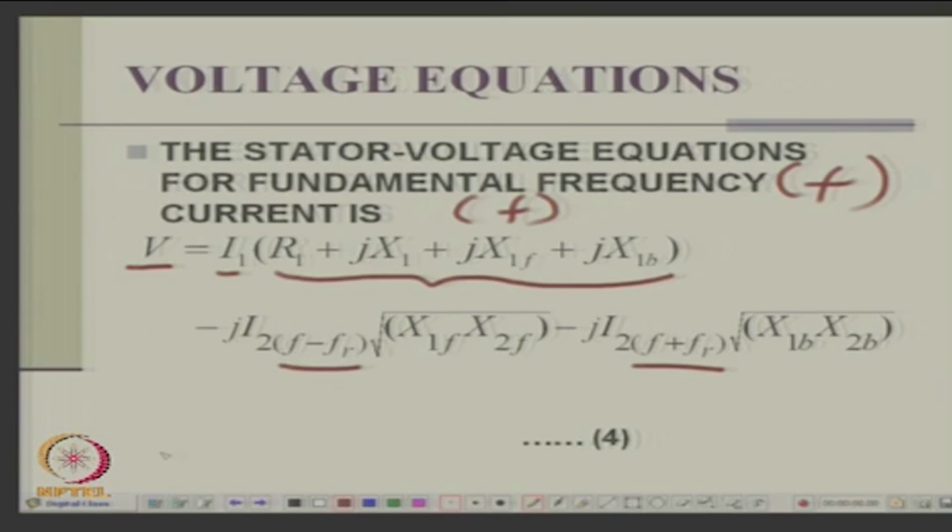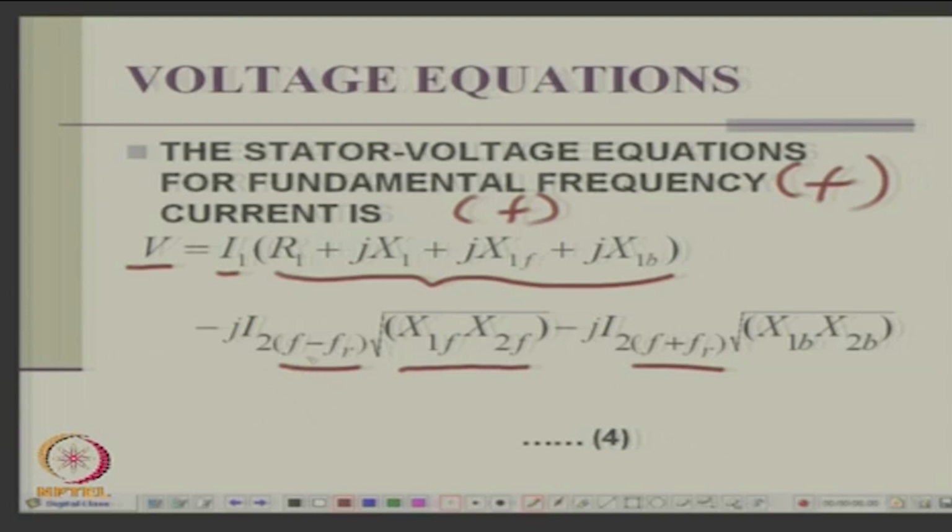Since the rotor is carrying a current and producing its field, the voltage it will induce will be equal to the mutual reactance, which will be a product of X1F and X2F, right. What is a mutual? Because you know the self and mutuals, if self inductances are L1 and L2, the mutual will be root of L1 into L2, isn't it? This is again basic circuit theory.